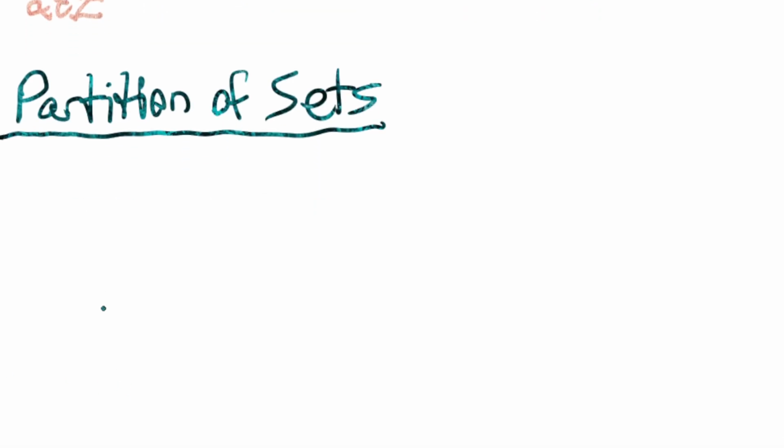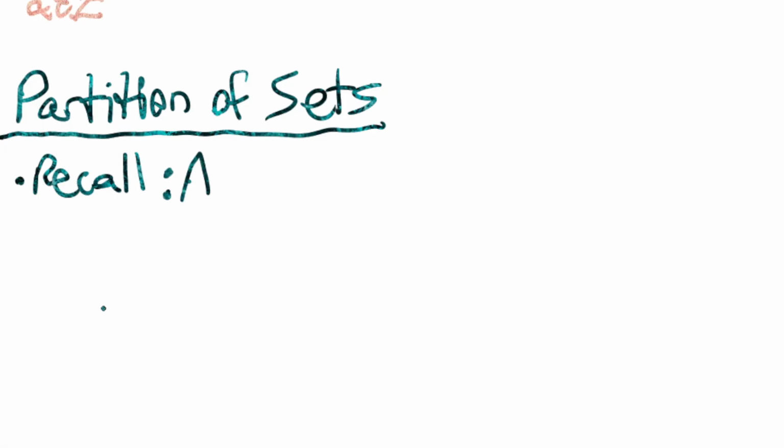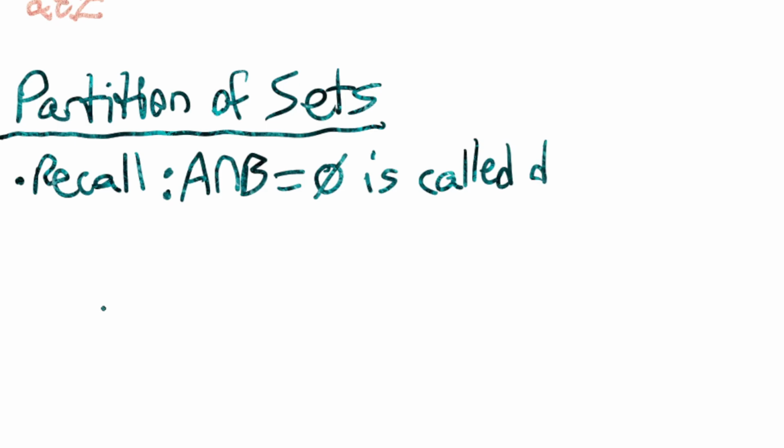So, recall, going back to set operations, that two sets A intersect B is an empty set. If it's an empty set, it's called disjoint.